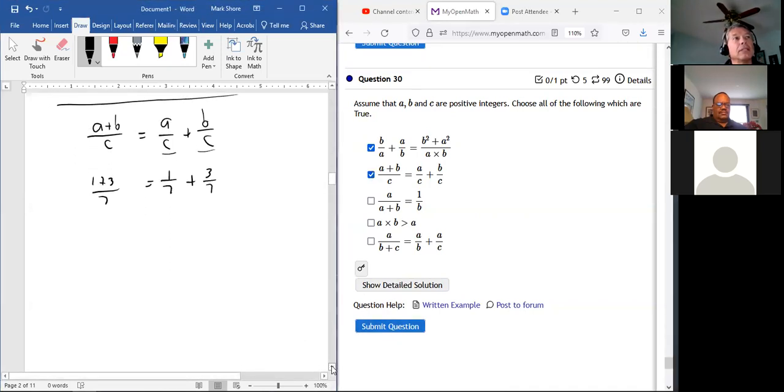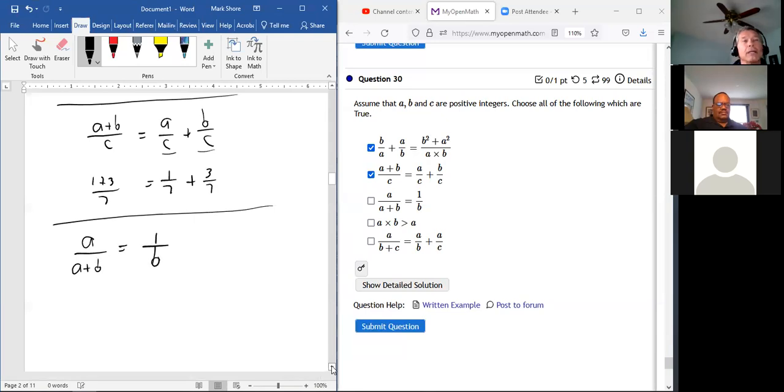Let's go to the third one. On the third one, it says A over A plus B is equal to 1 over B. Well, the thought there is they're saying, well, I can cross off these A's and just get 1 over B. But that's not true. You can't do that. That's false. And I can show you with real numbers that you can't do that.